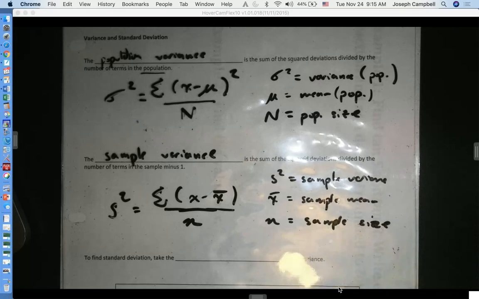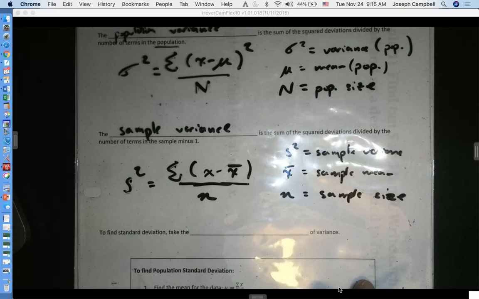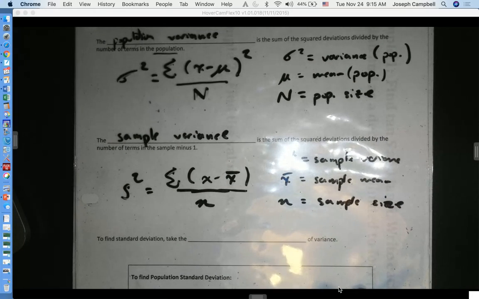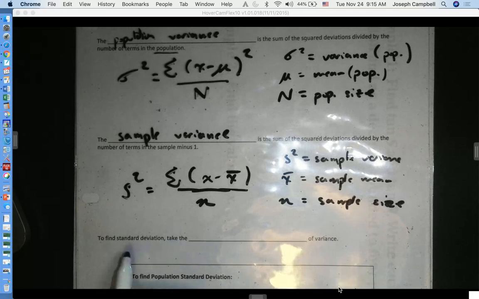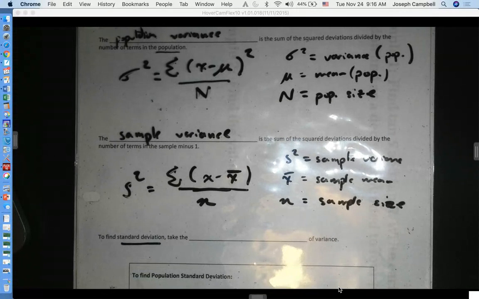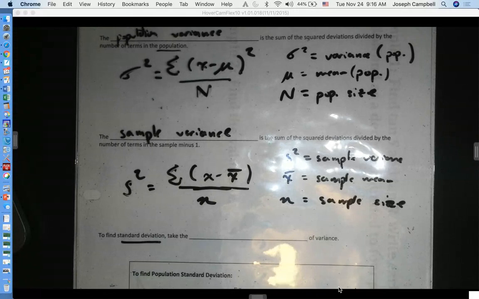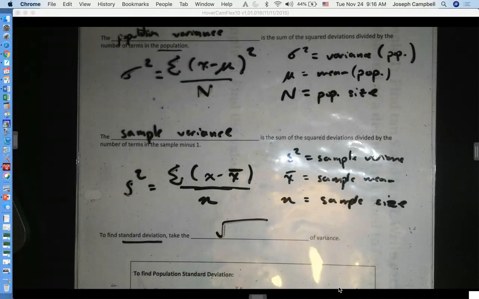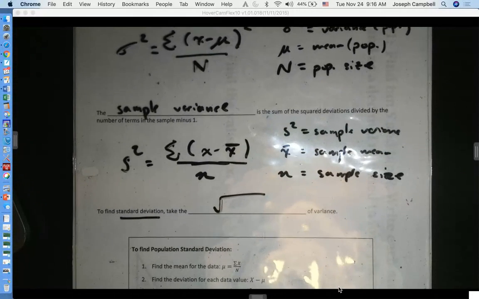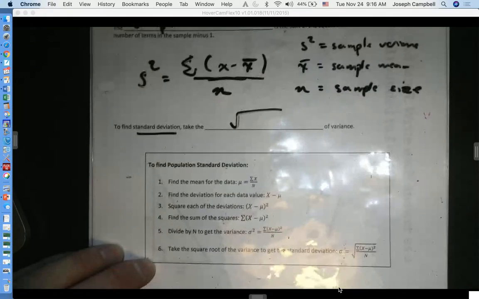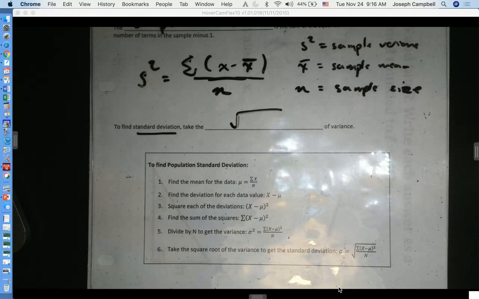Now, what we usually talk about is not variance, whether it be population or sample, but the standard deviation. And to find the standard deviation, we simply take the square root of the variance. That's it. So this is a quick rundown.